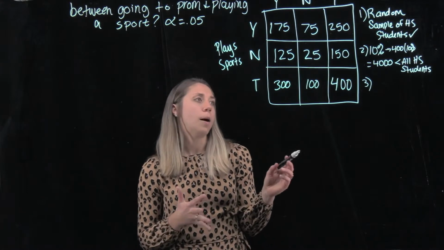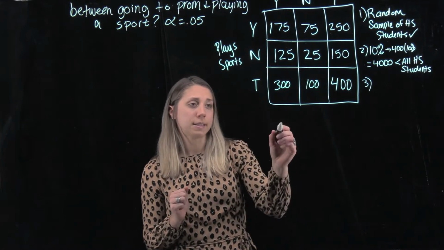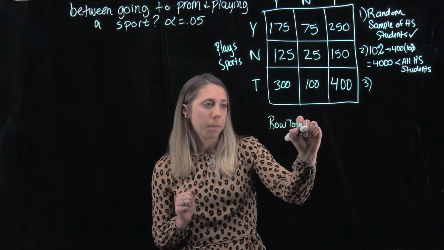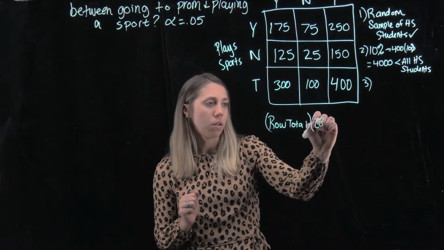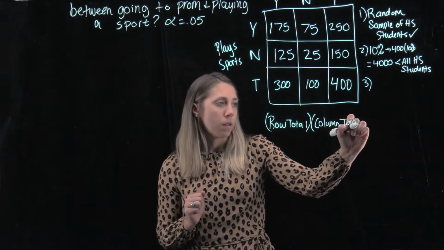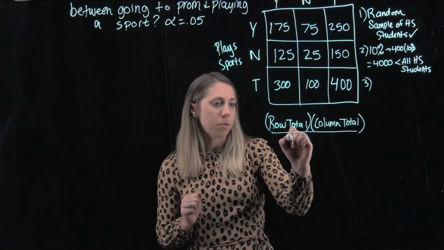If you want to know how to do your expecteds here, you always have to do row total times column total divided by the table total.